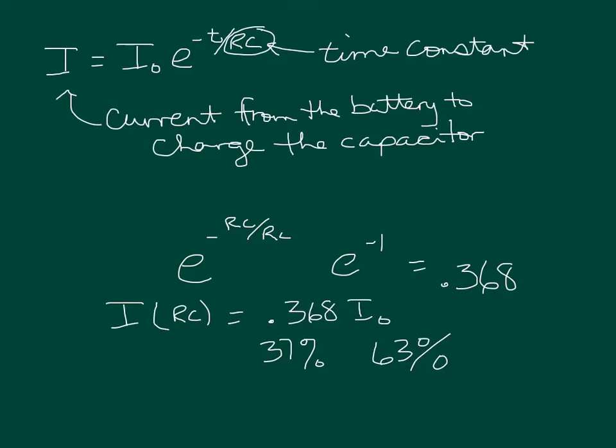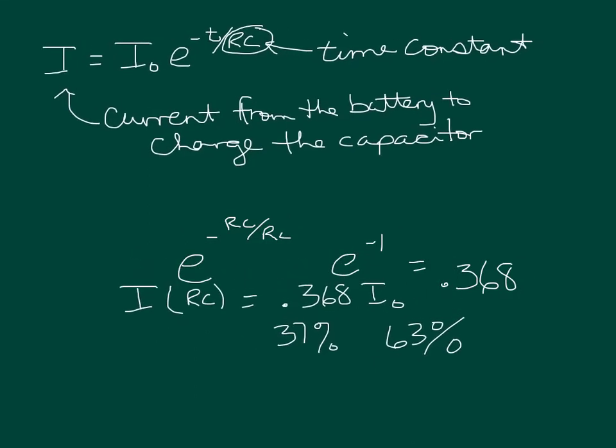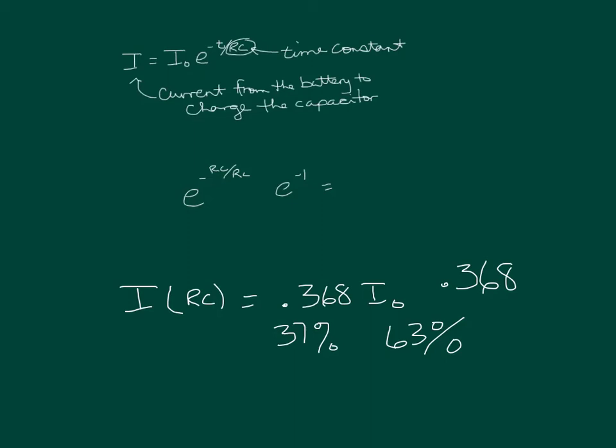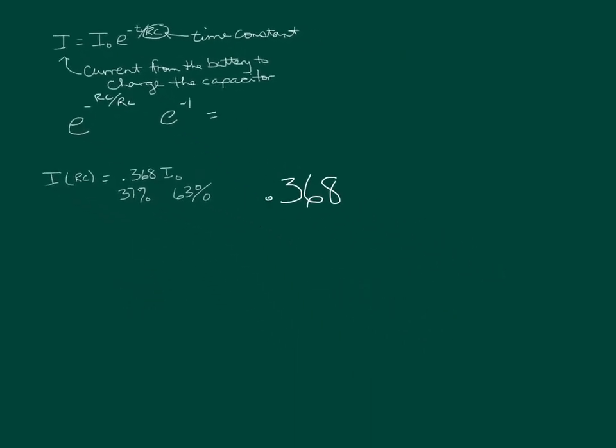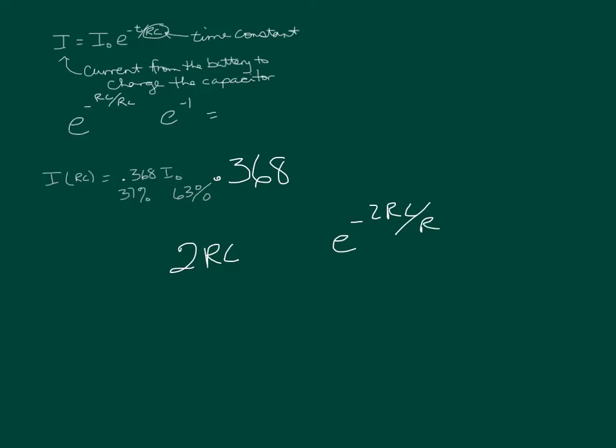If we did two time constants, that means the time is twice what the product of RC is. So 2 RC. Okay, so if we look at our equation, we have e to the negative 2 RC over RC.